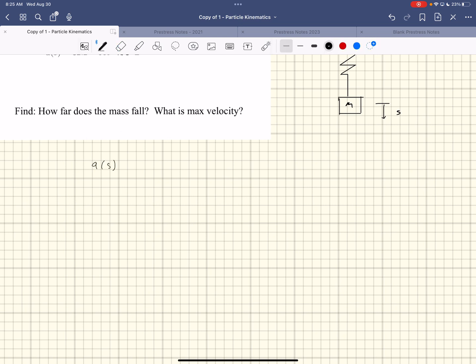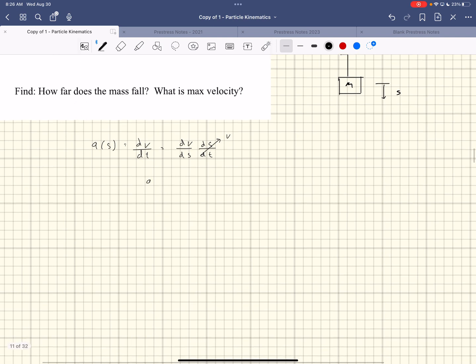Acceleration as a function of position is equal to dv dt. We couldn't really do that one right because you've got a v, a t, and an s. So that's where the chain rule comes in. This is what we laid out in the solution procedure. You basically multiply by ds over ds. So it'd be dv ds, ds dt. ds dt is the velocity.